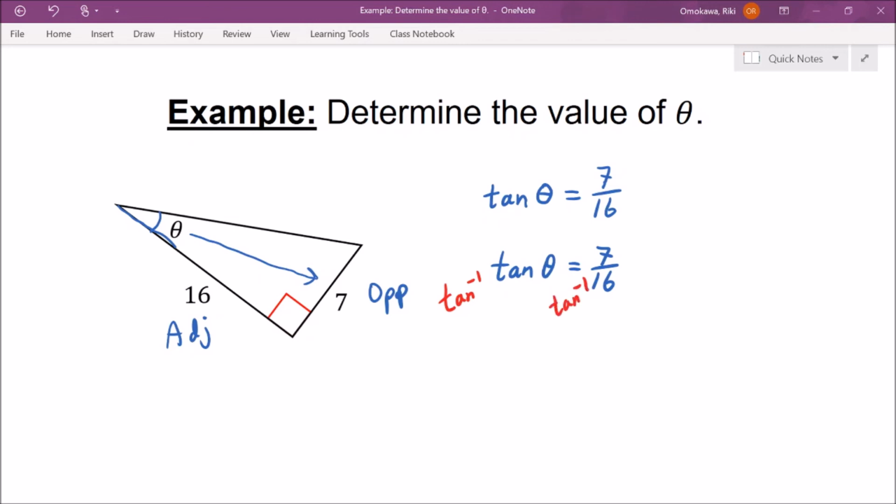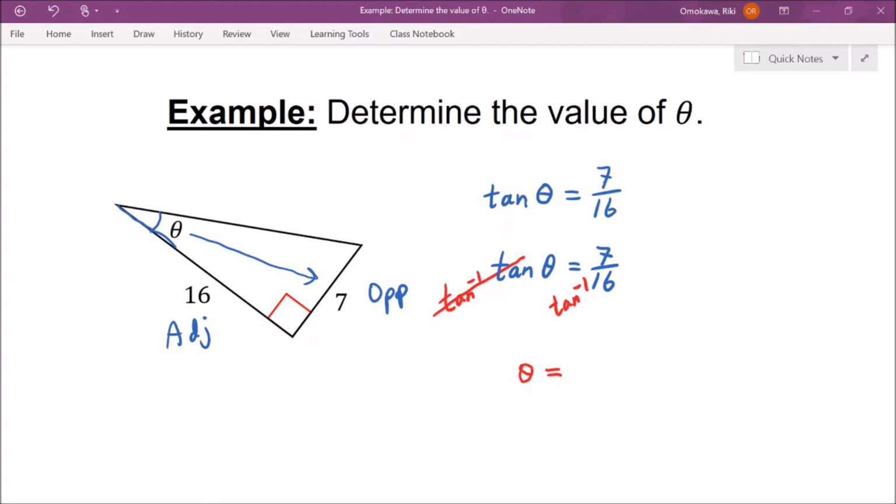So what's going on here? Inverse tan and ordinary tan cancel on the left side. So like we wanted, we have just theta alone remaining on the left side equals, what's going on the right side is we're taking that fraction 7/16 and applying the inverse tan function.